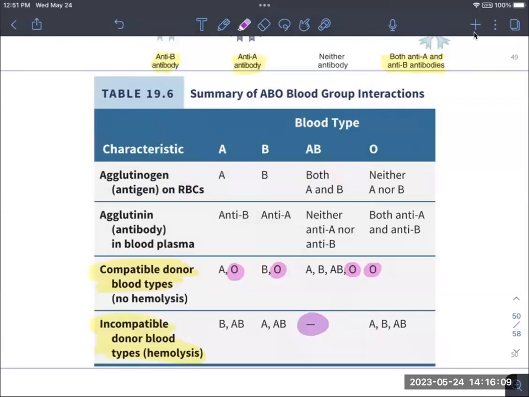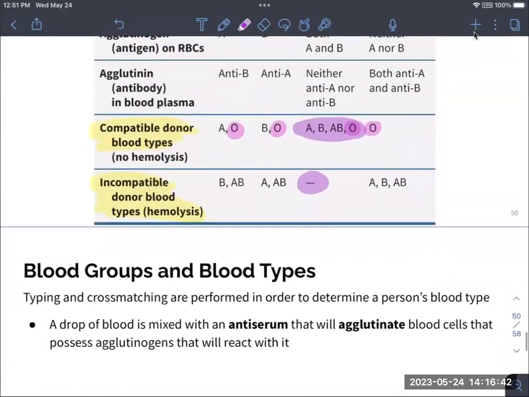So type AB can receive all blood types, and type O can donate to all blood types. That's the interesting part. AB can receive type A blood, type B blood, type AB blood, or type O. Type O blood can donate to everybody. Just some interesting little tidbits here.